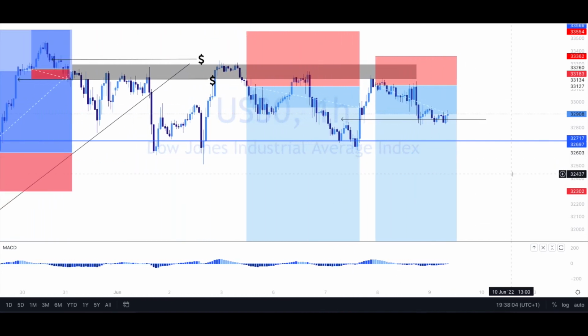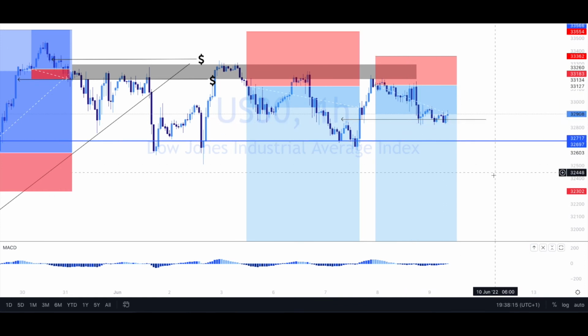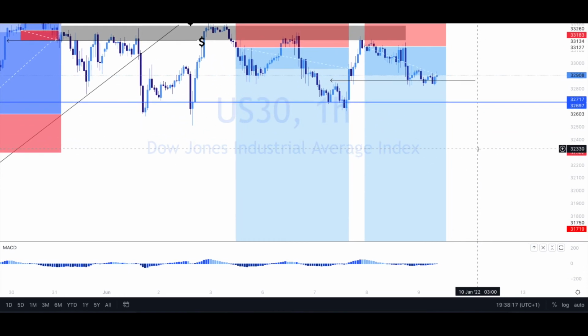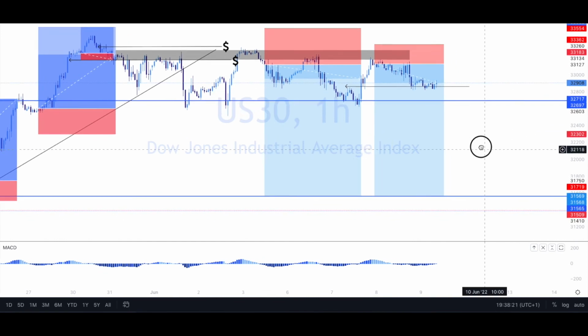So one thing should become very clear to you guys as you're watching this. This whole trend right now is producing lower lows. So there's a very good chance it is going to go down.